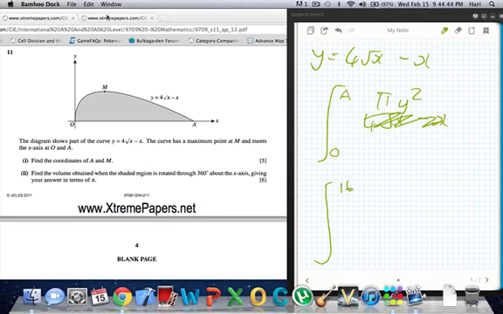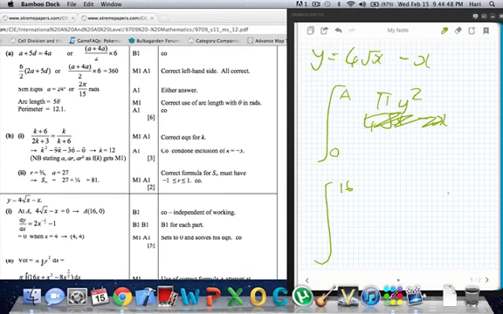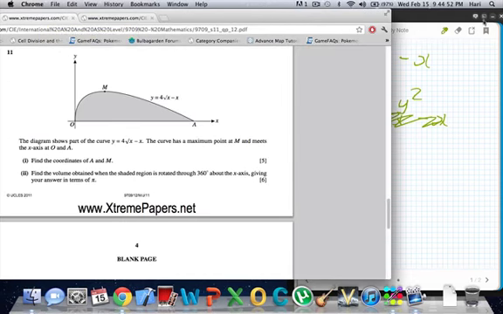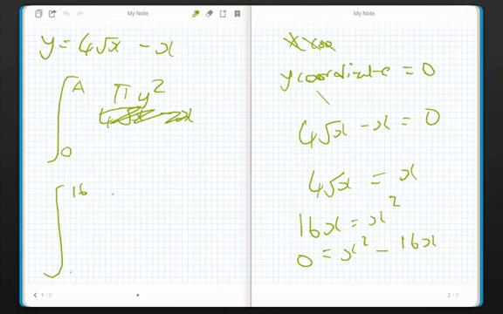Correct. So A was 16 and O was 0, of pi into 4 root x minus x the whole squared.